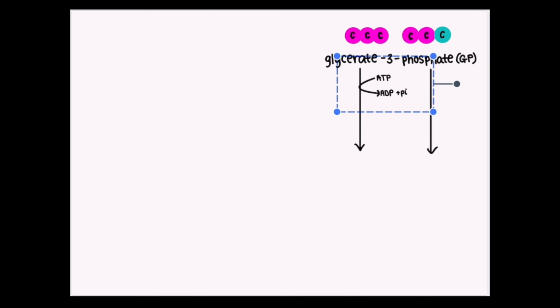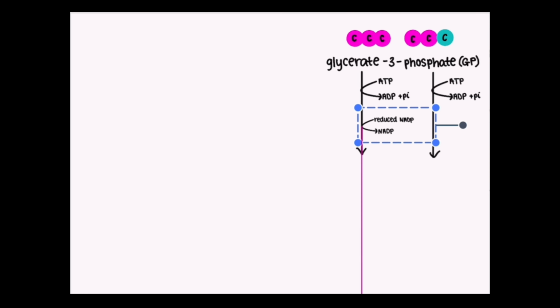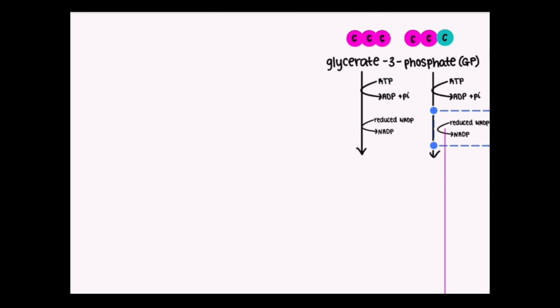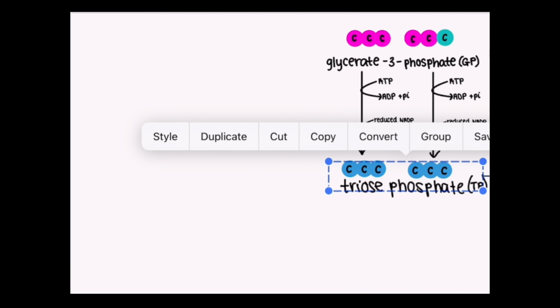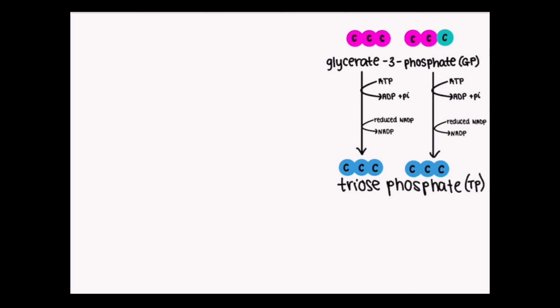So the reduction of glycerate 3-phosphate into triose phosphate involves the products of the light-dependent reaction that were produced in the thylakoid membranes. The reduced NADP that was produced in the light-dependent reaction provides the reducing power, so the necessary substance to reduce GP into TP, and ATP provides energy when it is hydrolyzed to complete this conversion.